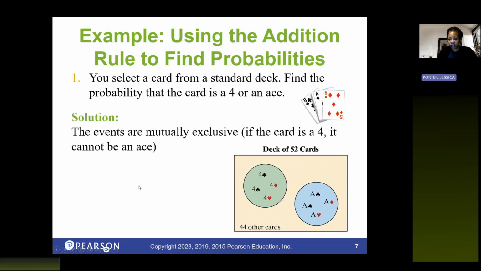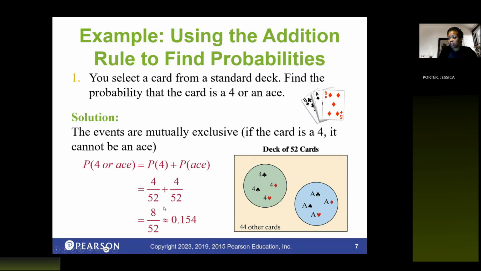They are mutually exclusive. So then that means I'm just adding their probabilities together. So yeah, it would be 4 out of 52 twice added together. Right. Both of them have a probability of 4 out of 52.